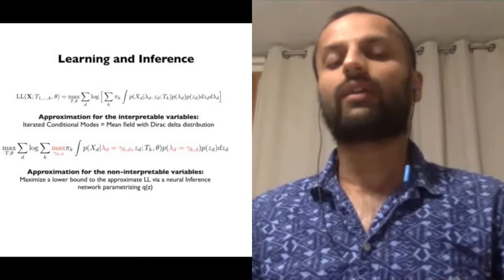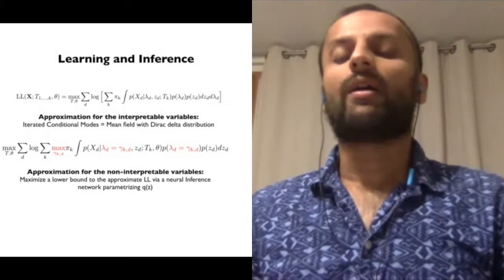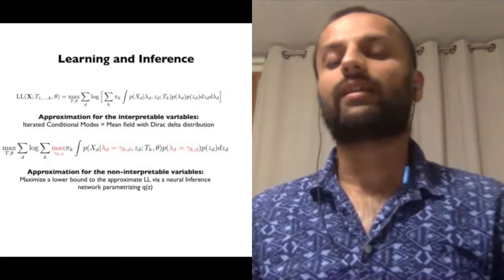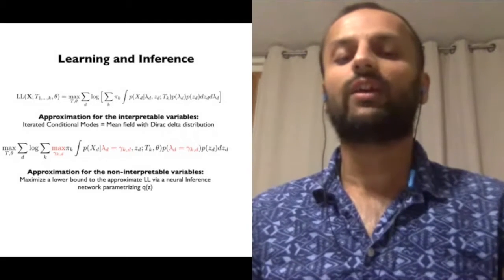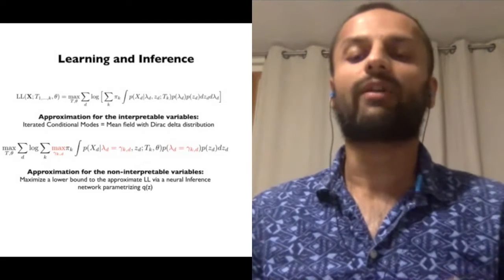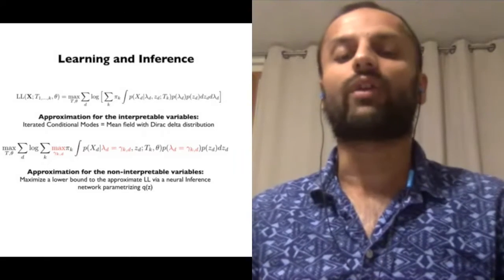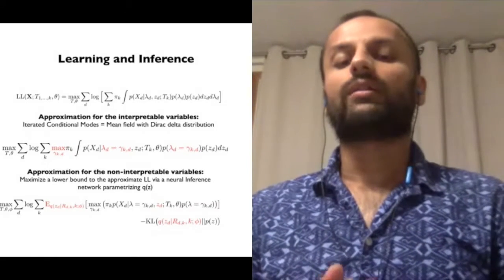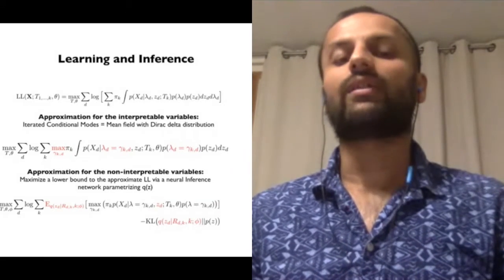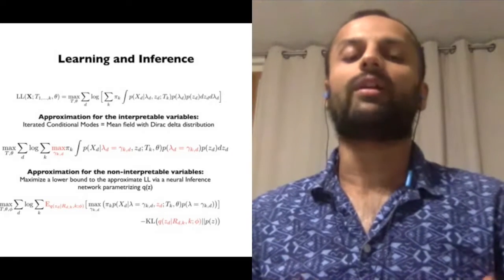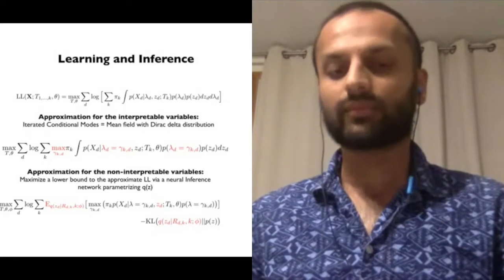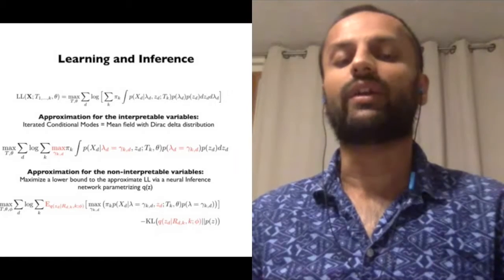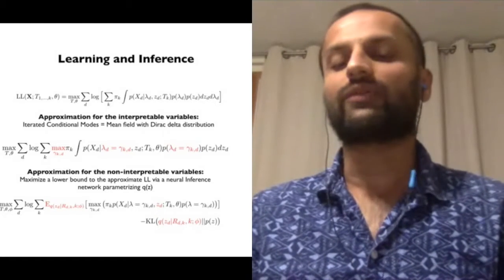We define a further lower bound approximation for z by associating an auxiliary distribution Q with it that is parameterized by a neural inference network. The final objective function looks very similar to the familiar elbow function, which is commonly used for variational autoencoders with this Q of z.